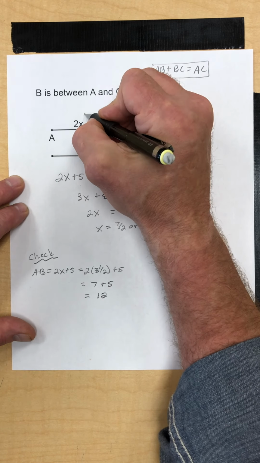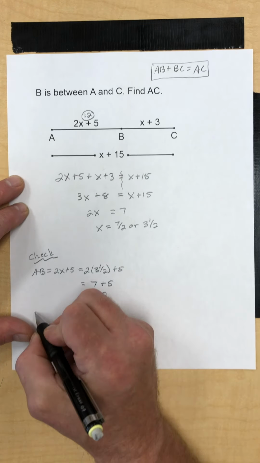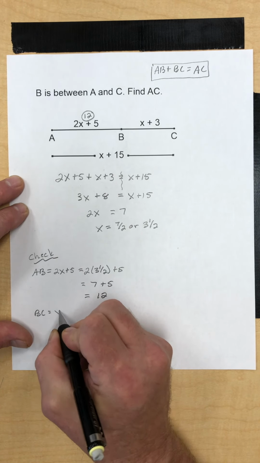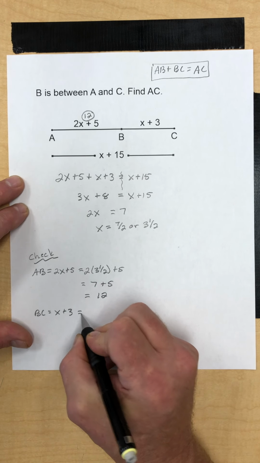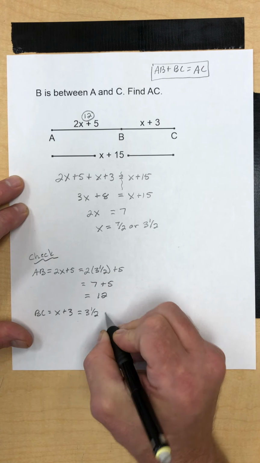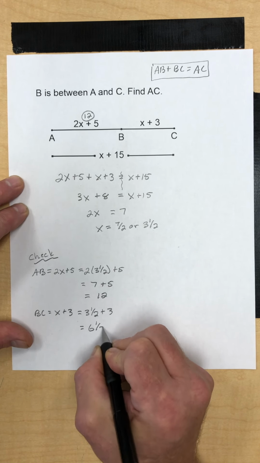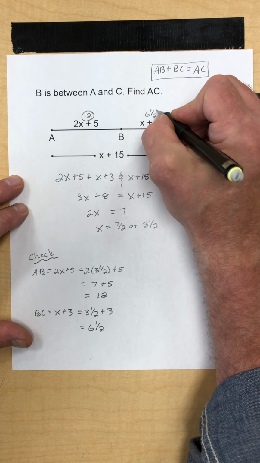Okay, so AB is 12 units long. Okay, let's go BC. Now BC is x plus 3. So I put the 3 1/2 in for x, and I get 3 1/2 plus 3. And when I add those, I get 6 1/2. Okay, so this guy right here is 6 1/2.